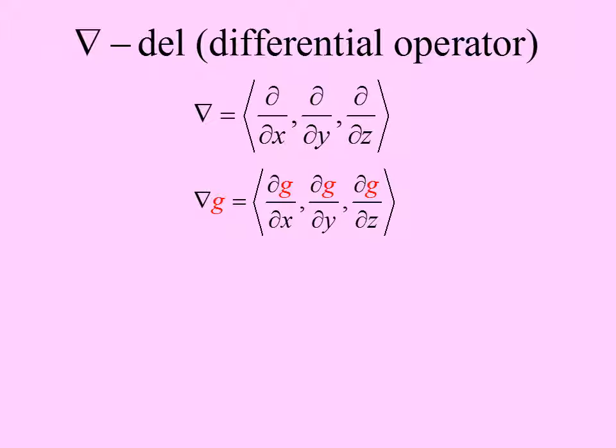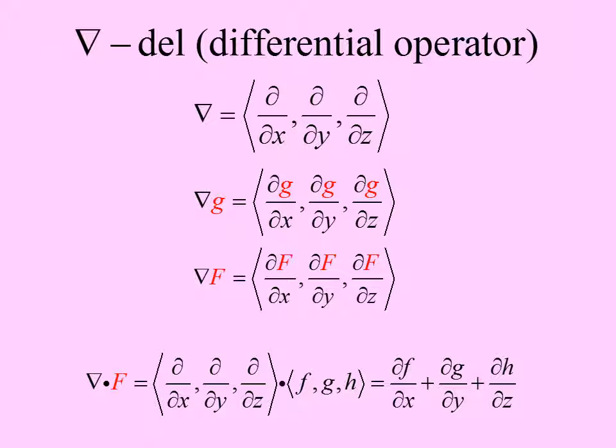So, the del g is actually the vector that we get when we do the partial of g with respect to x, the partial of g with respect to y, and the partial of g with respect to z. So in that sense, the del is something that operates on the g doing its partials. Here's another one where del is operating on the f.